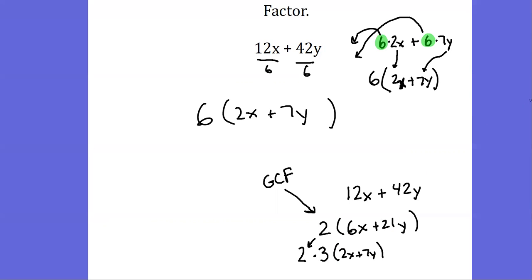So notice that this piece right here, so let me color code this to be very clear, this 6x plus 21y is the same thing as 3 times the quantity 2x plus 7y. And then you want to go one more step here and actually multiply these factors out, and you would have 6 times the quantity 2x plus 7y.